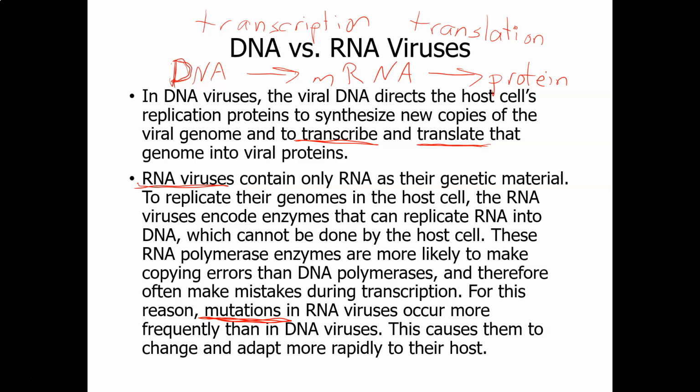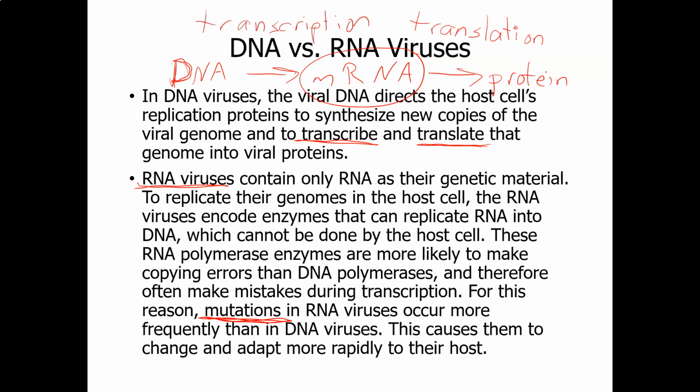And what we're going to learn in a little bit, some RNA viruses, the RNA in their core actually is the messenger RNA. So they skip the transcription part altogether, and the messenger RNA is just directly used to code for the amino acids in the protein. But that's only in one situation.